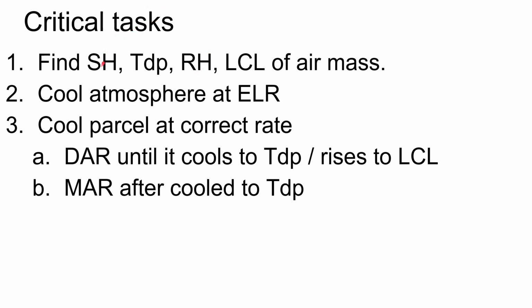If you know the specific humidity, you know the dew point temperature. If you know the dew point temperature, you know the specific humidity because you just look it up on the table, and then you can use it to calculate the relative humidity. If you know the dew point temperature, you can use that to calculate the lifting condensation level. So really, I just have to give you the temperature of the parcel, and then either the specific humidity, dew point temperature, or relative humidity, and you can calculate the other two and the lifting condensation level.